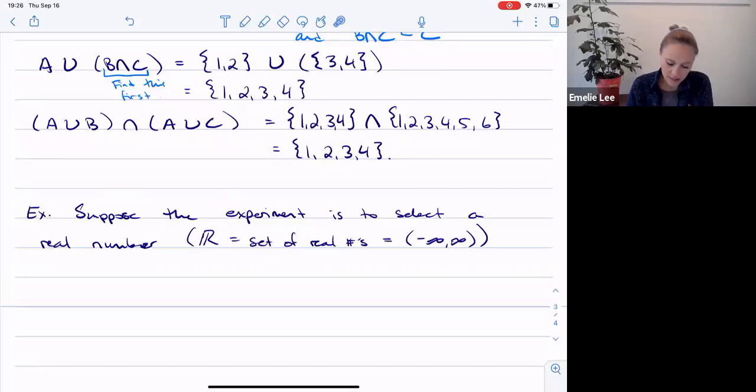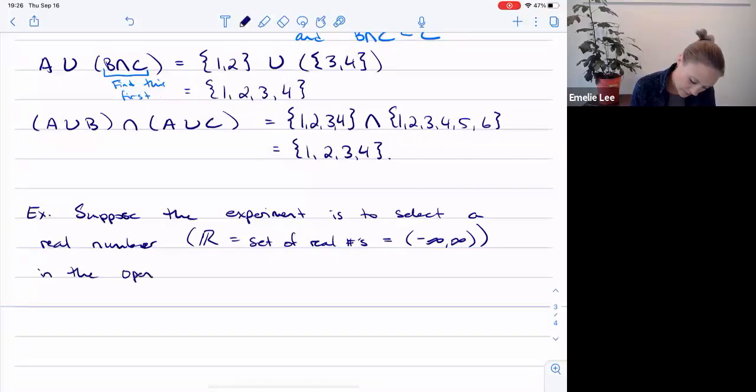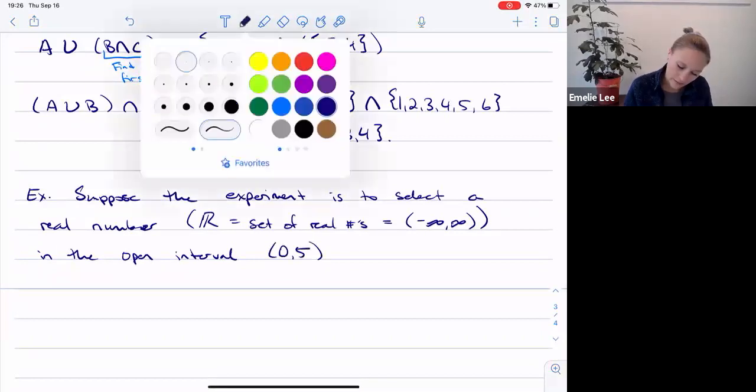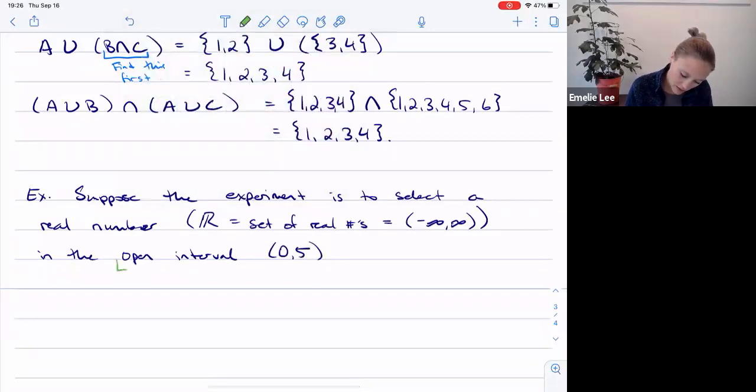So the experiment is to select a real number in the open interval 0 to 5. This is as opposed to the closed interval.